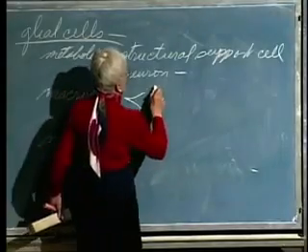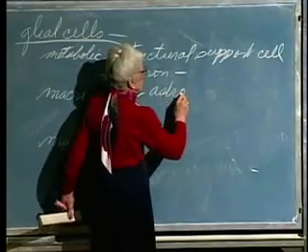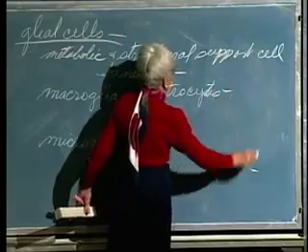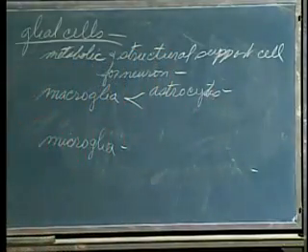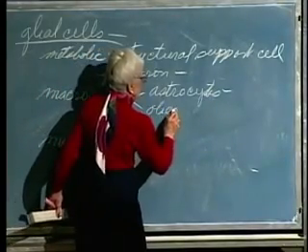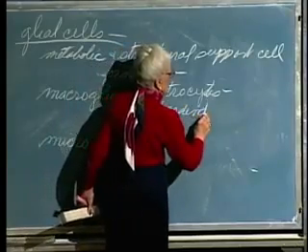They look like stars. Astrocytes. Astronomy. And another kind of macroglia will be the oligodendroglia.